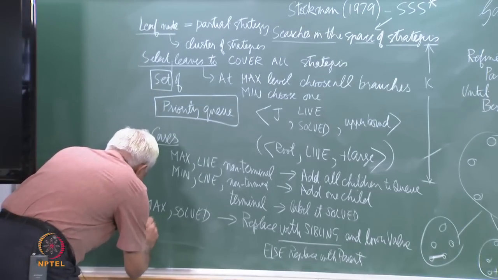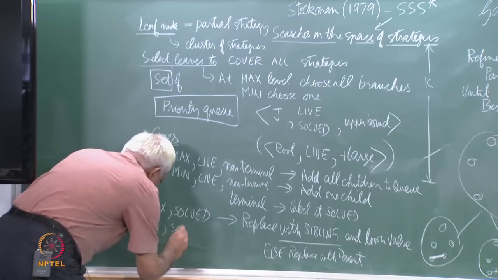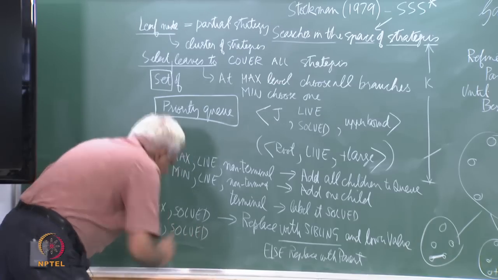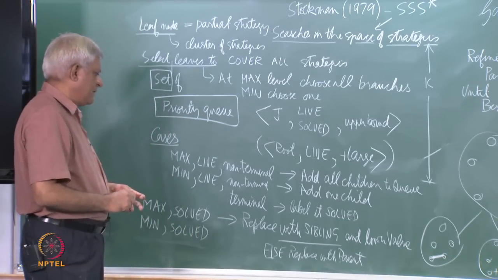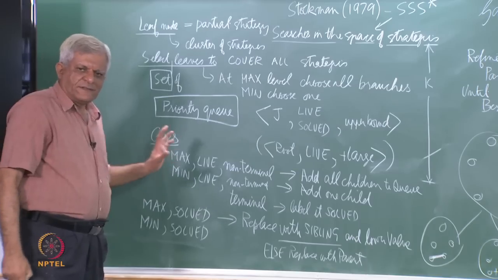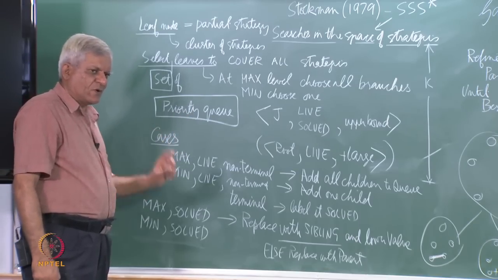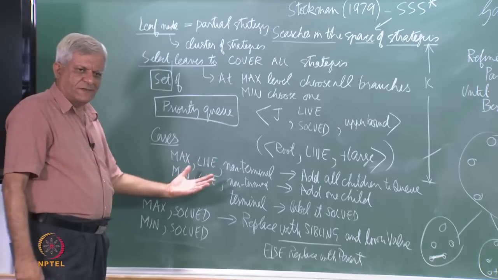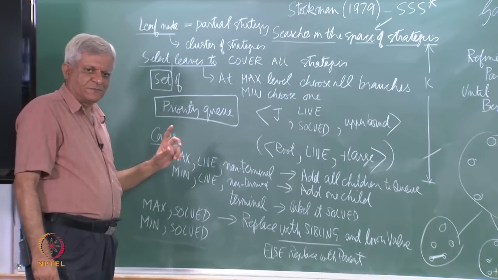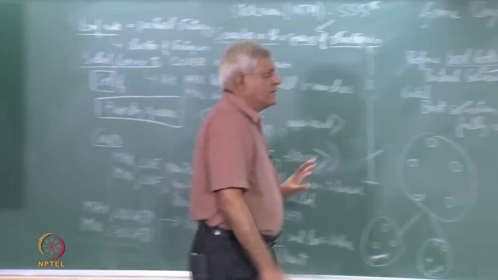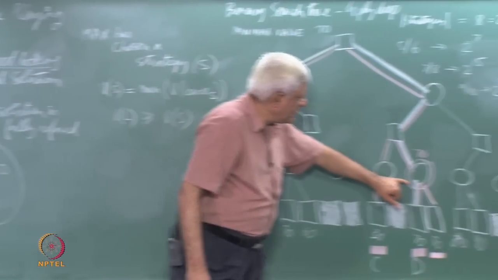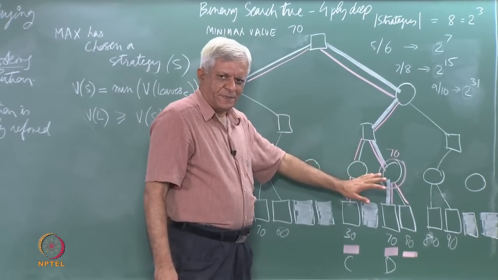If it is min and solved, now just think carefully about this. If it is a min node and it is solved, and implicitly we are not saying this here, it is at the head of the queue. So, this is solved and it is at the head of the queue.